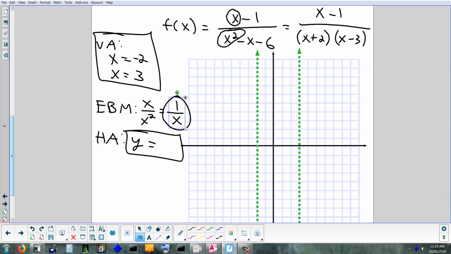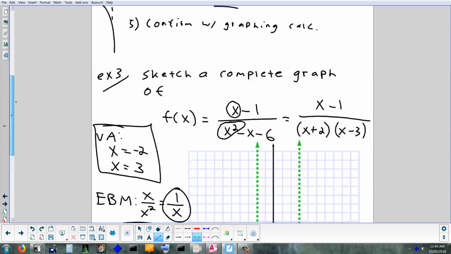It gets really small. And it approaches what number? 0. So I have a horizontal asymptote at 0. So now I've got 6 sections. If you look at just the green, we're going to end up drawing in 3 of them. That's usually how this kind of graph looks.